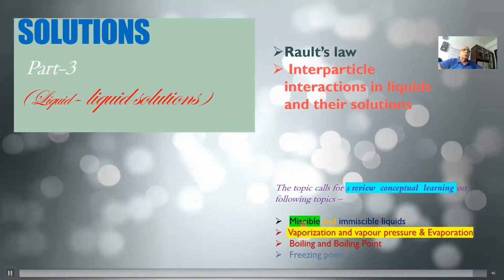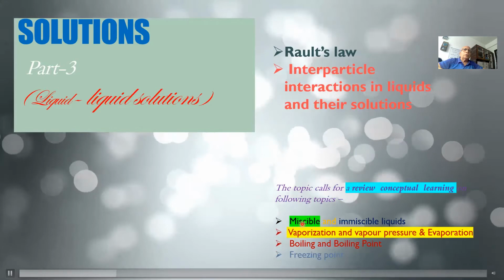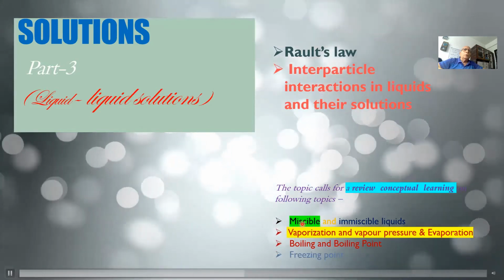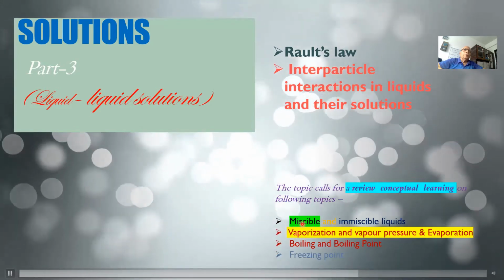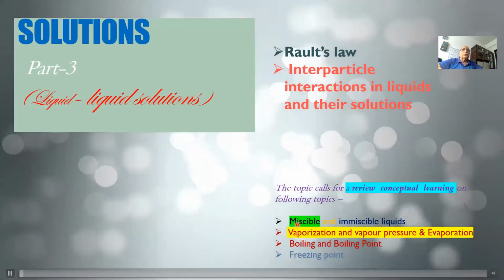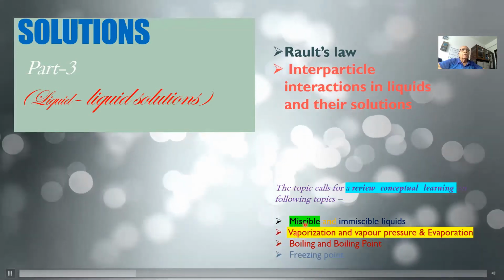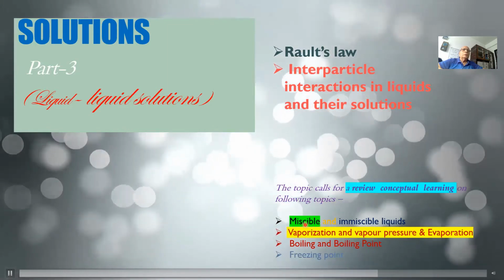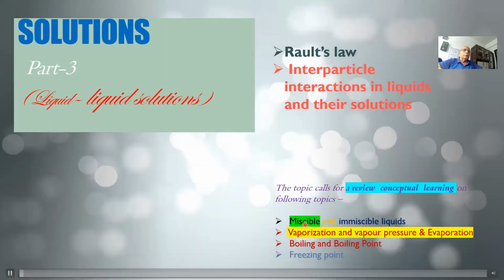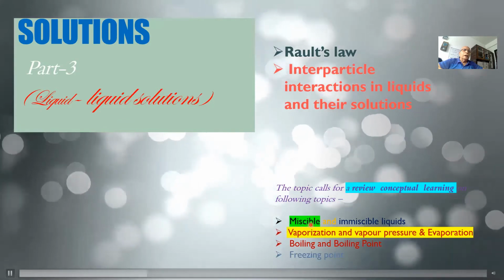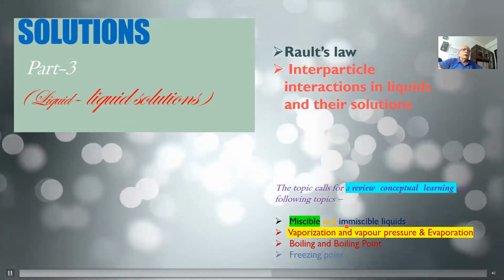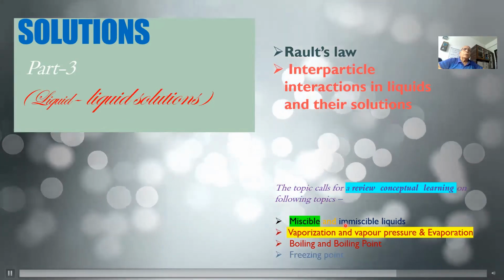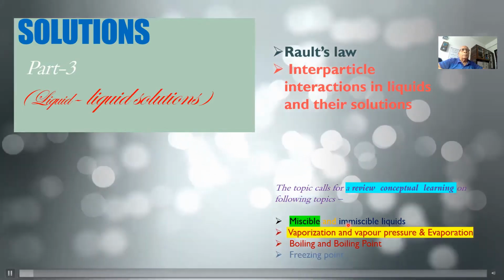liquids. Those liquids which get mixed up and become homogeneous to form a solution are known as miscible liquids. Why they get mixed up? Why they are miscible? We have to understand. And then there are a number of liquids which do not mix up.